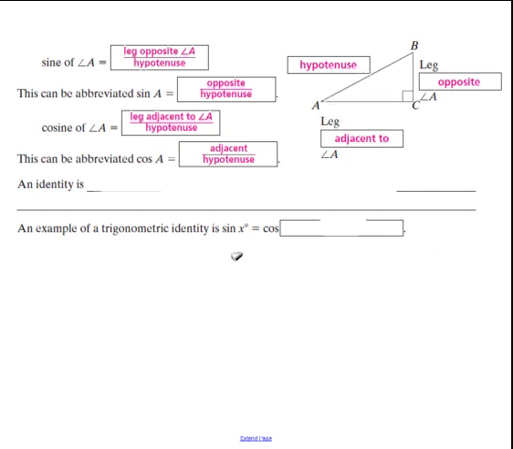So we've got these three ratios that we can work with, and we'll find that as you get further into geometry and then into Algebra 2 and learn more about these functions, they play a much deeper and more important role in mathematics as a whole. But for the time being, let's just think of them as a sort of shortcut, as if we had a similar triangle in our pocket at all times.